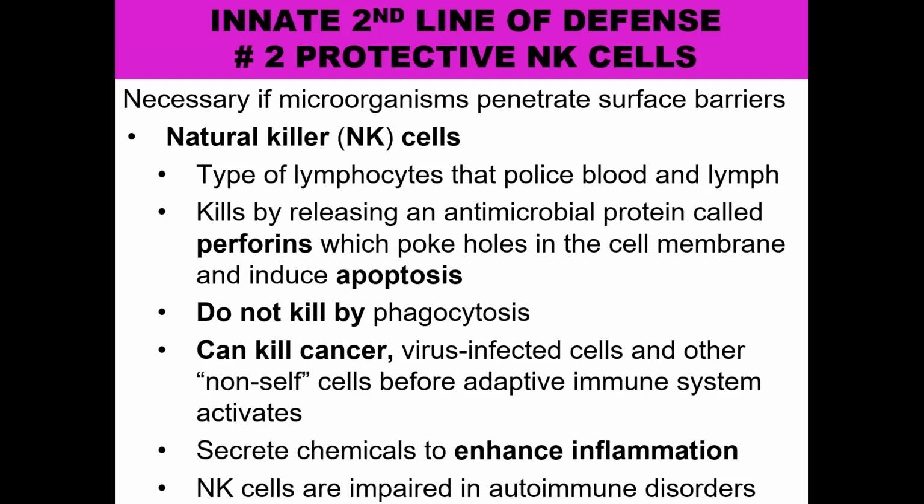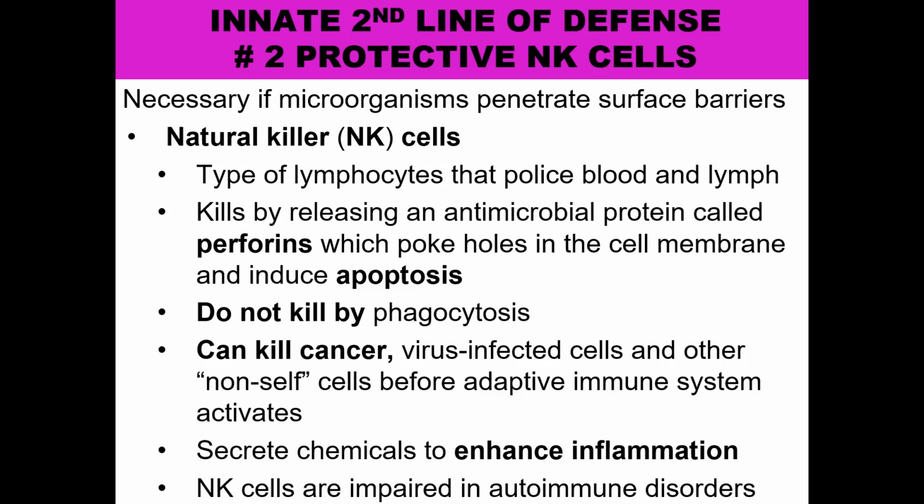If you've ever seen a marinating knife that has all these little punch holes in it that makes your meat more tender, that's what these perforins can do. So they're going to poke a bunch of holes in the cell membrane of the cells that aren't supposed to be there and induce apoptosis. So apoptosis is programmed cell death, but we're just going to kind of hurry it along.